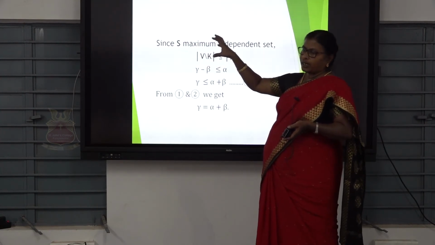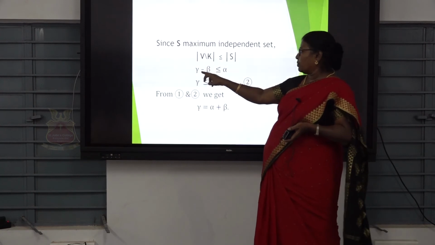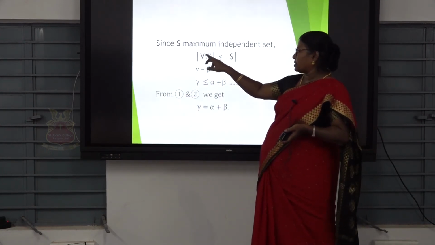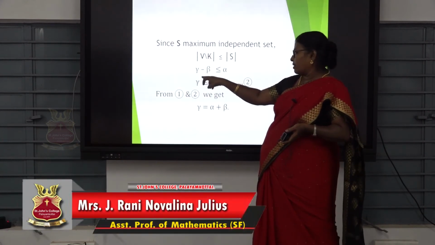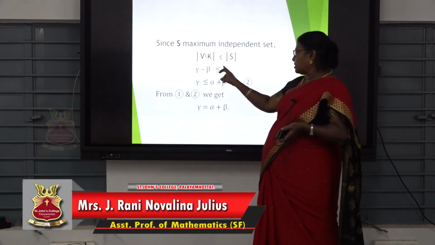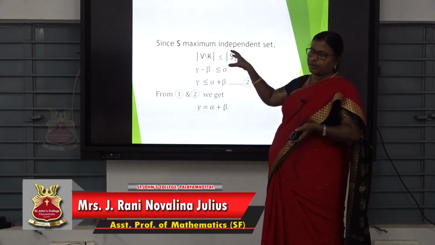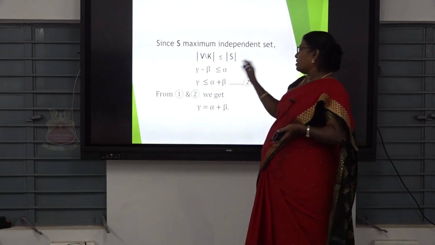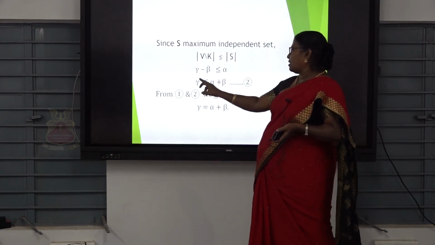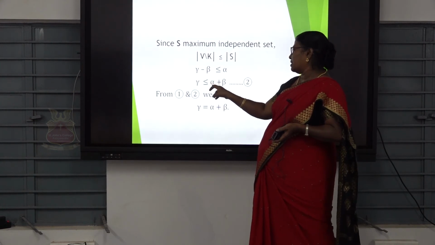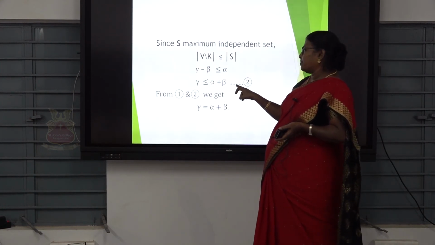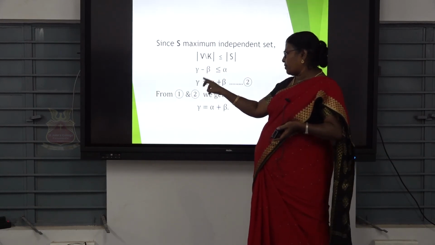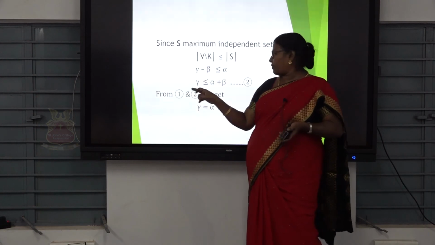The total elements in the vertex set is nu and elements in K is beta. So the number of elements in V minus K equals nu minus beta, and this is less than or equal to modulus of S. Modulus of S is the number of elements in the maximum independent set, that is alpha. So, taking beta this side, nu is less than or equal to alpha plus beta. Already we had alpha plus beta less than or equal to nu. Now we have nu less than or equal to alpha plus beta.